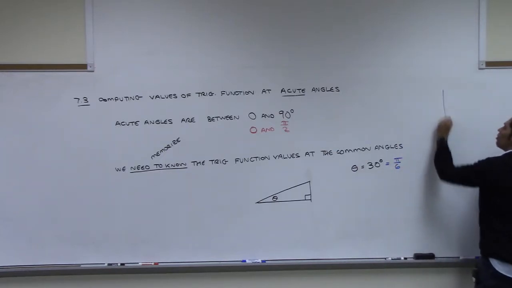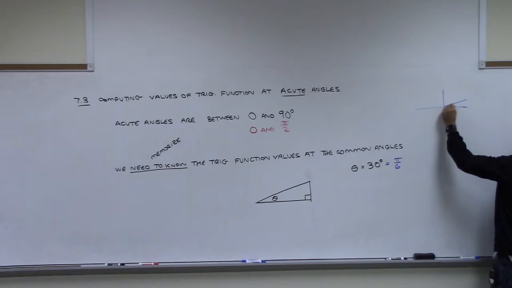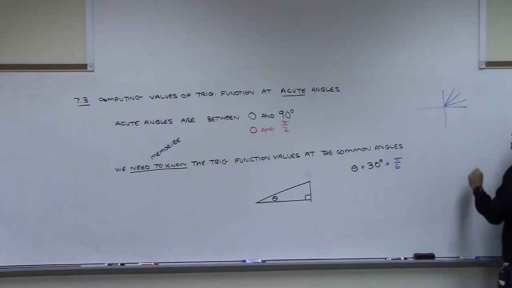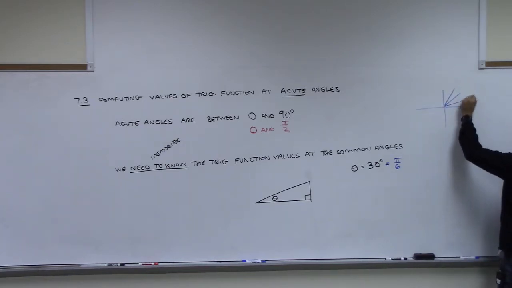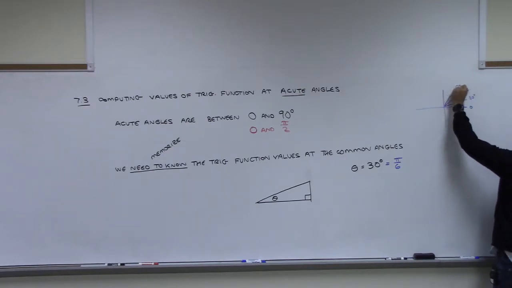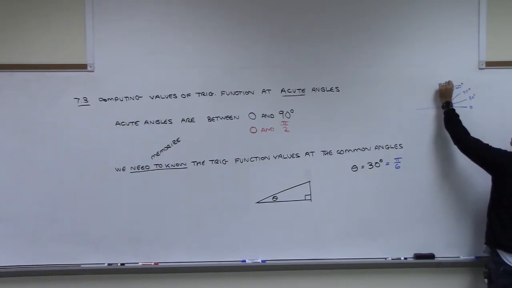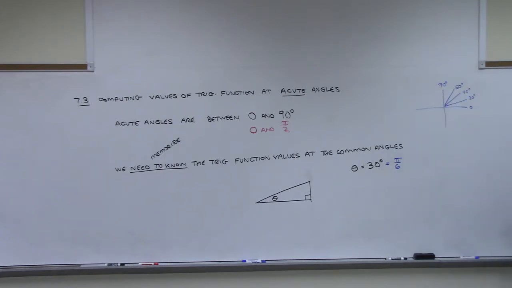So back when we were drawing these, we had 30, 45, and 60. Those were our common angles, 30 degrees, 45 degrees, 60 degrees, and then 90 up here, right? So we had 0, 30, 45, 60, and 90, right? And then we kept going around, but we're only going to deal with acute angles. So we're only doing angles in here, and we're going to look just at the common ones.